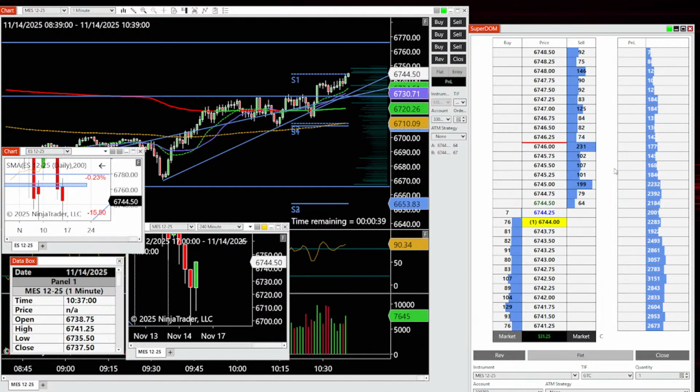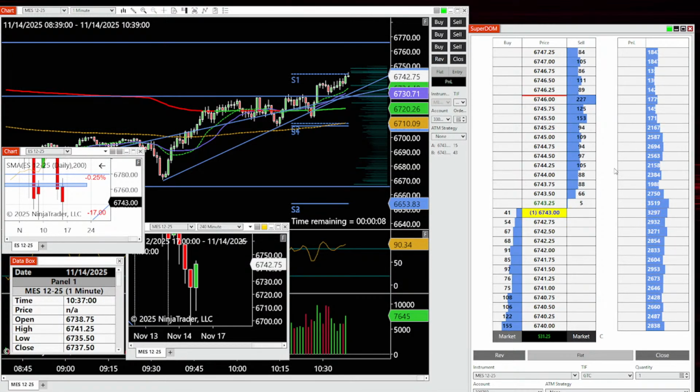The previous day's low is 46, which I get. Do we want to test it, or do we want to reach 50?